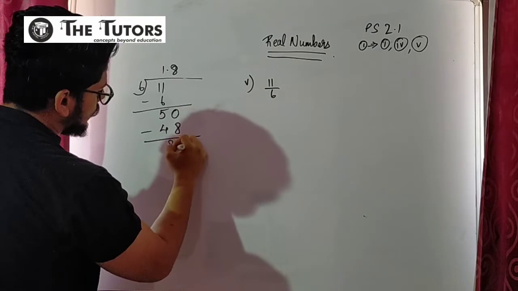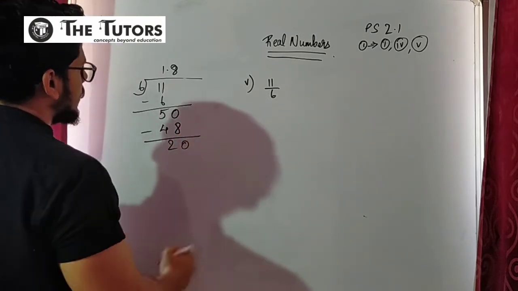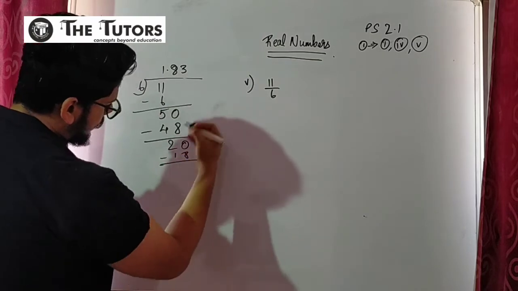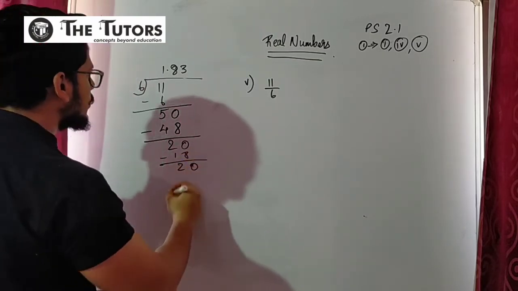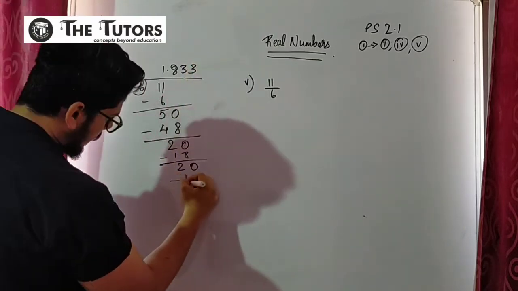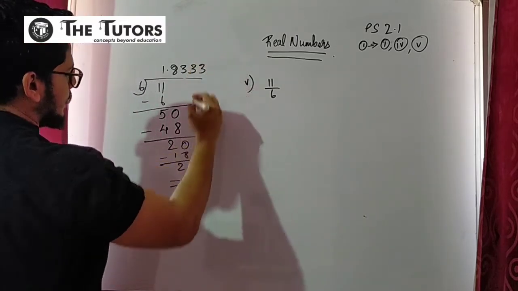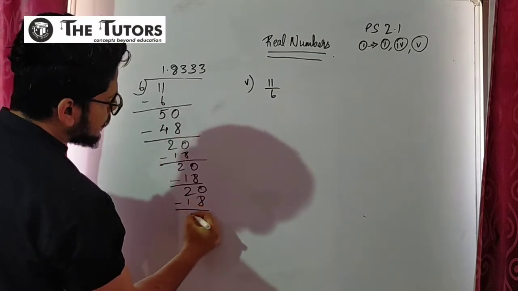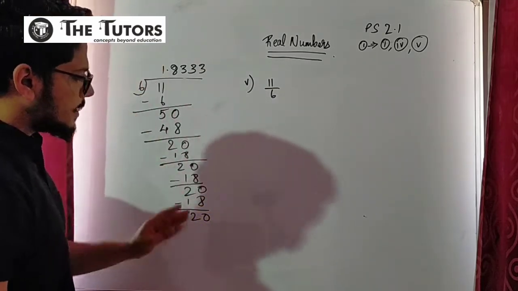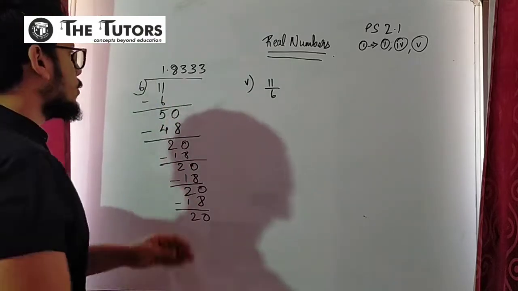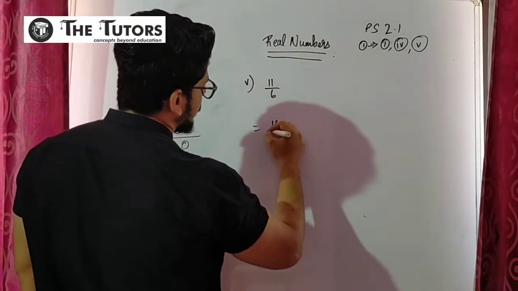Again 2, you give a 0, 6 3s are 18. Again 20 minus 18 is 2, you give a 0, 6 3s are 18. Like this, the chain goes on and on. 6 3s are 18, 20 minus 18 is again 2. You have the answer.